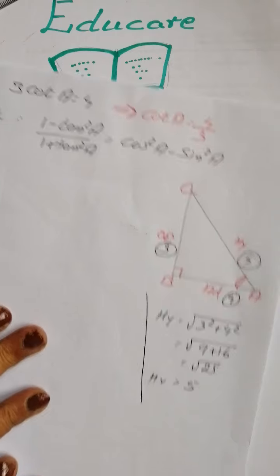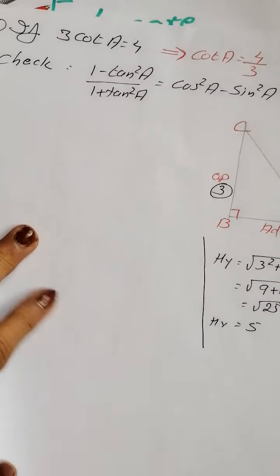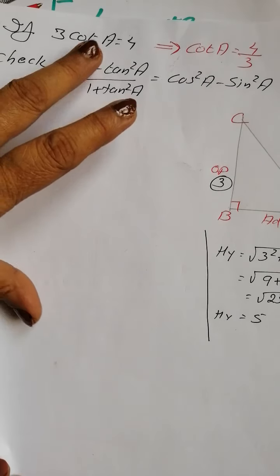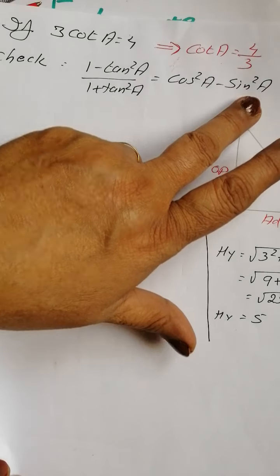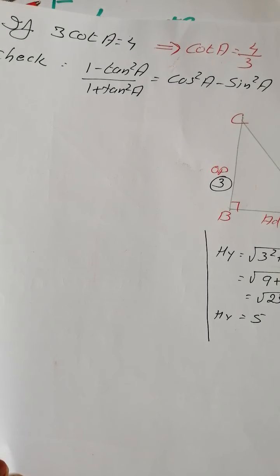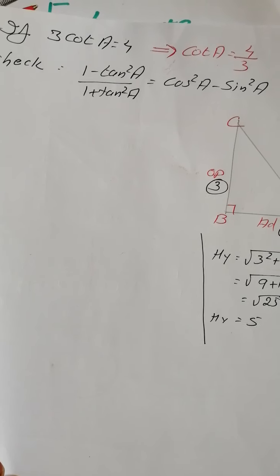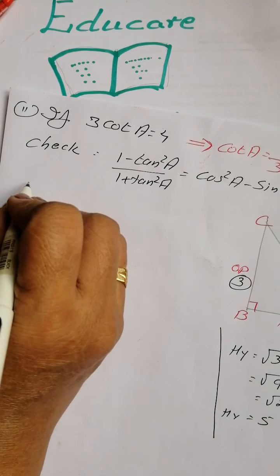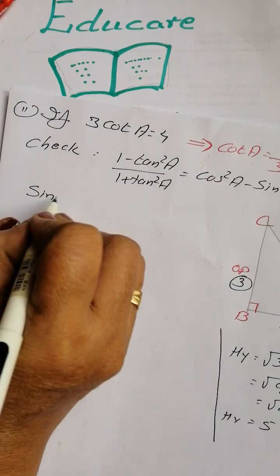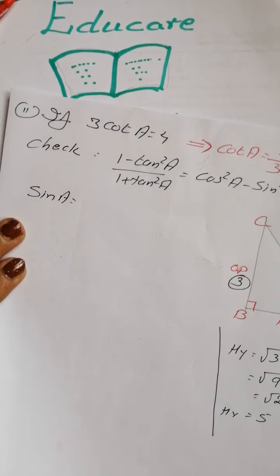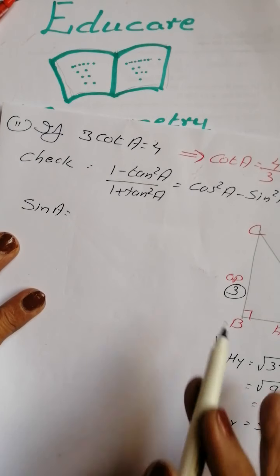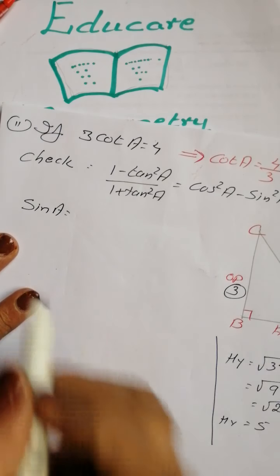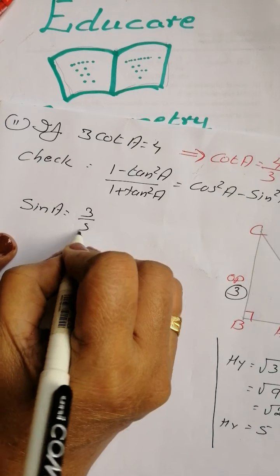Okay, be faster than me now. Now we are having tan, we are having cos, we are having sine. So first what you will do? One by one, we will reduce the formula. First we will write what is sine A, not theta here. Sine A is equal to opposite by hypotenuse, that is 3 by 5.